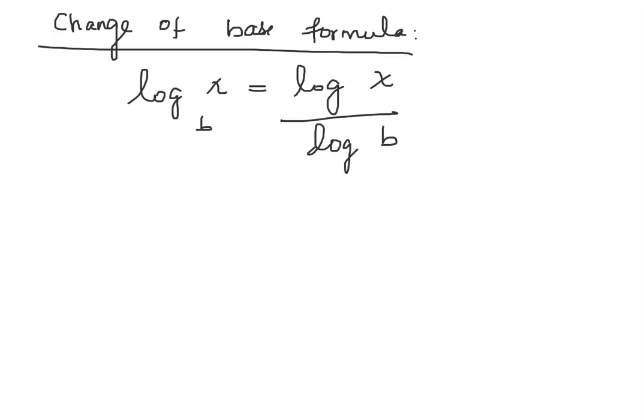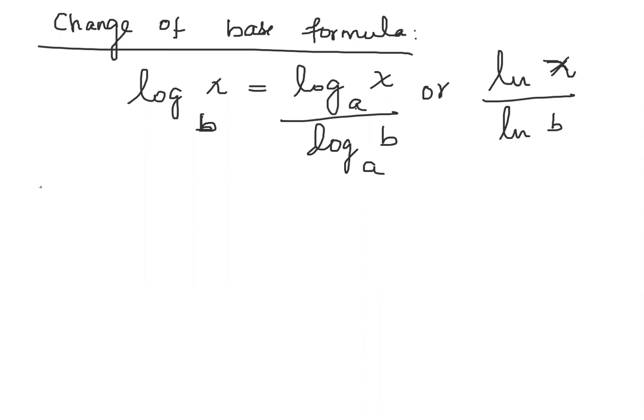So the base b becomes base 10 here, or you can change to any different base, but they have to be equal. Or you can also say it's going to be ln x over ln b. For ln, you cannot put any base because the base is always going to be e.